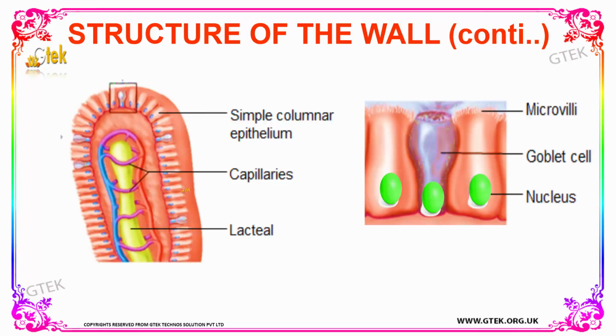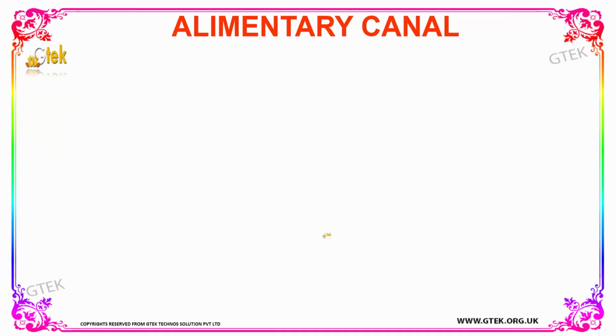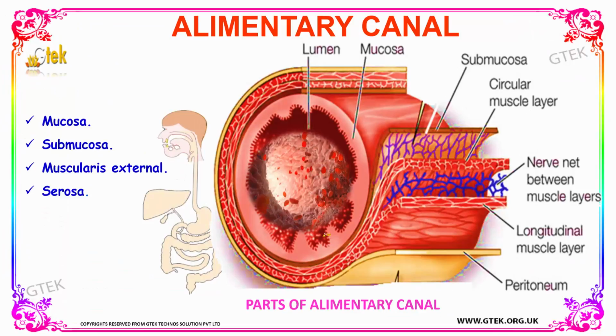Inside your villi's epithelium you have the capillaries, which will be transmitting the absorbed nutrients to the blood and lymph. Bounded by your capillaries is your lacteal, which will store the fat. So this is the epithelial layers of the alimentary canal.